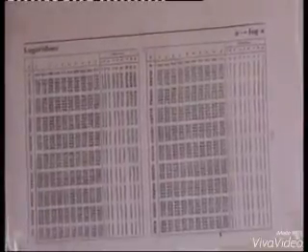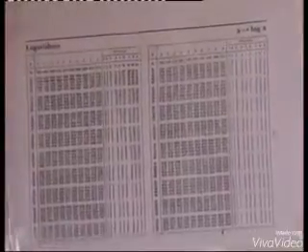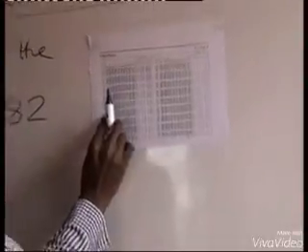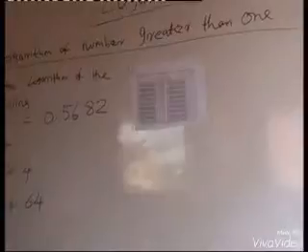Zoom the camera. 37 under 0 is giving us 5682. So that's the answer to number 1. 5682. I advise you use your own logarithm table so as to see it well.